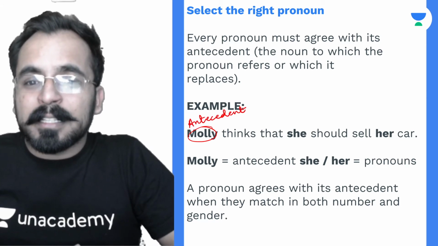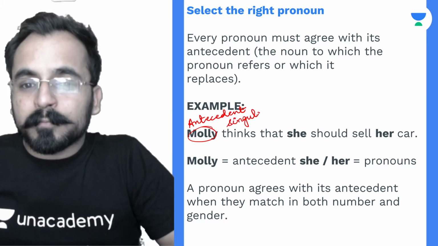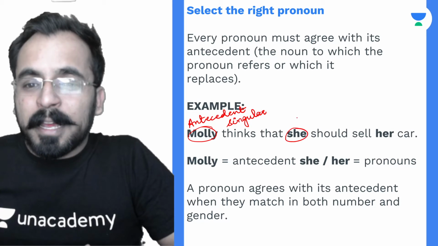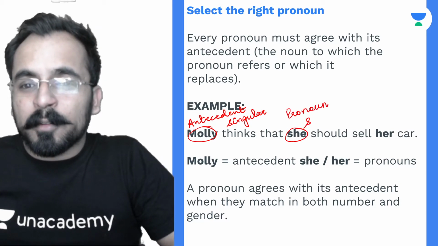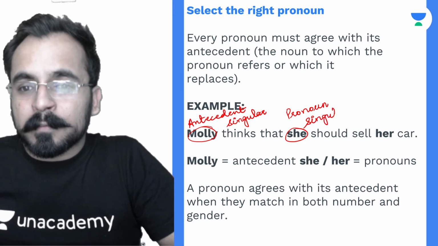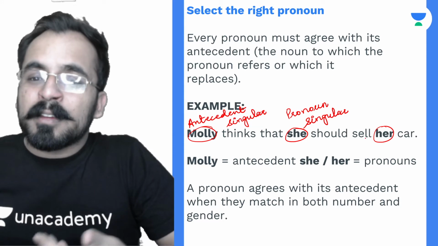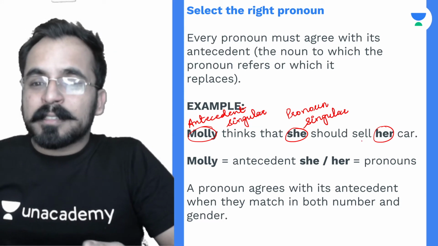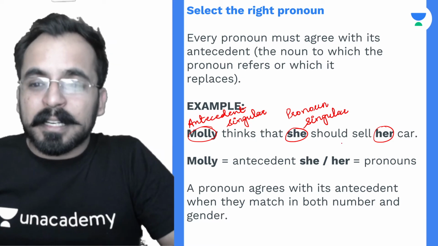And is your antecedent singular or plural? This is singular. So that is why we have a pronoun which is also singular. That she should sell her car. Whose car? Molly's car, her car. So that is why you have singular pronouns for a singular antecedent.